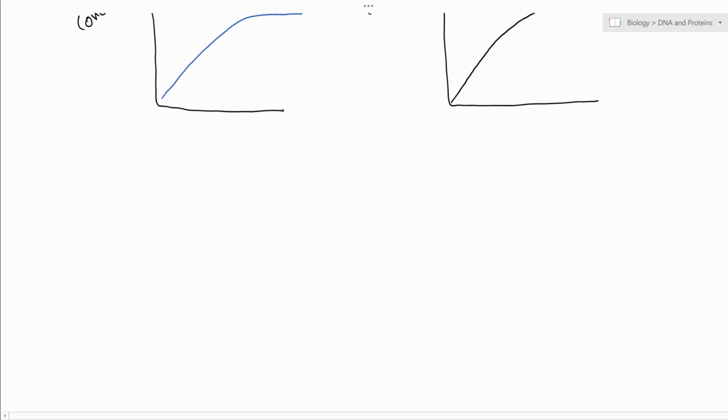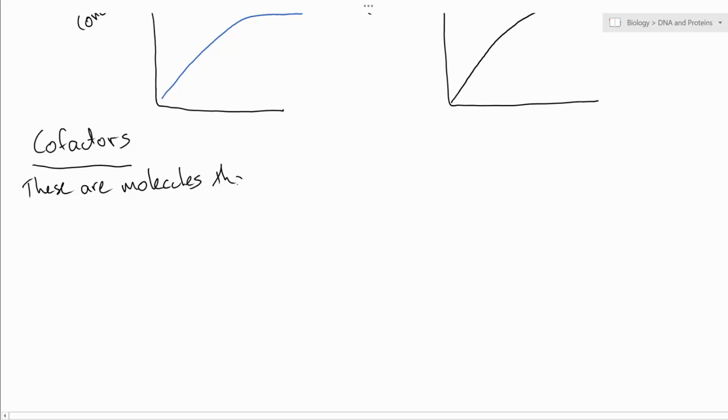There's also something called cofactors. Now, cofactors are other substances outside of enzymes, substrates, and products. What cofactors can do, let's say these are molecules that can assist in enzyme activity.